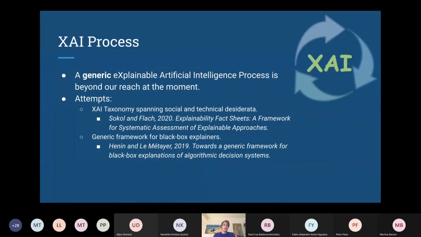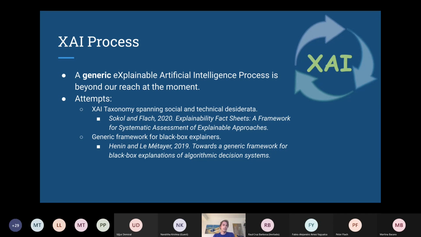Coming back to the explainable AI process, at the moment, building a generic process is beyond our reach. We are still very early in XAI research, but there were a few attempts. One is ours, where we proposed an XAI taxonomy and fact sheets that allow you to describe your explainer from both social and technical perspectives.